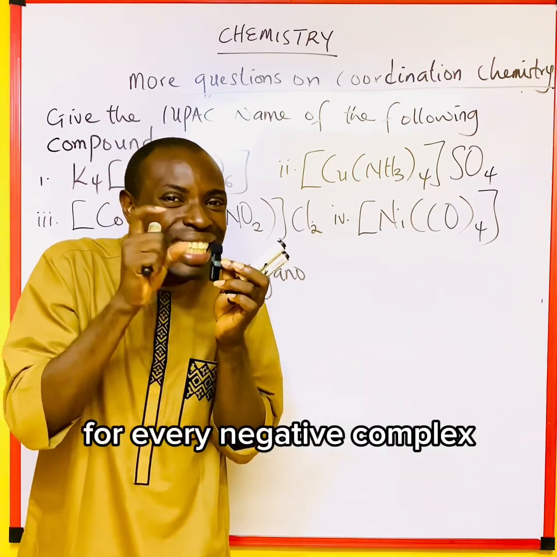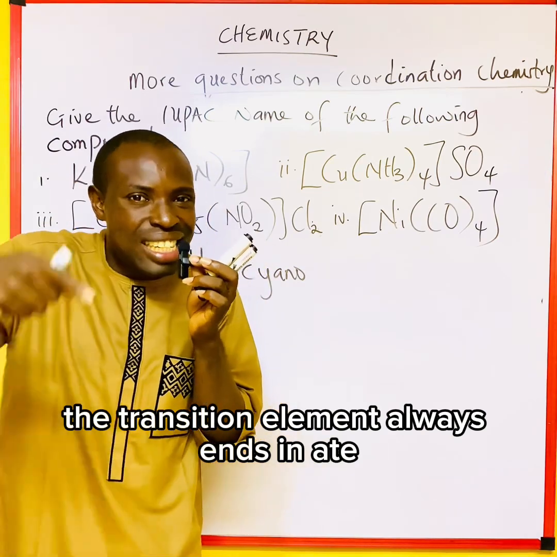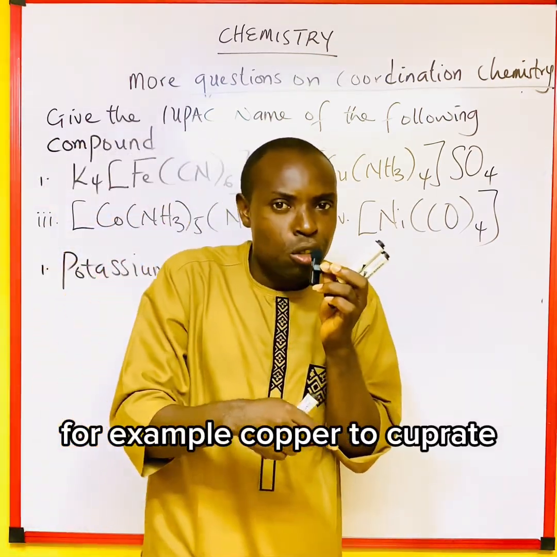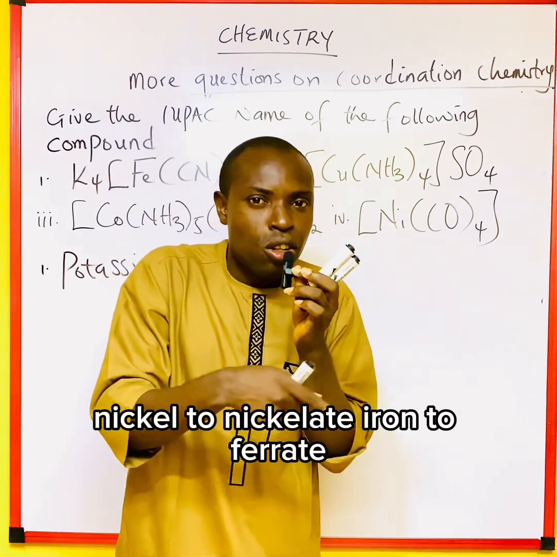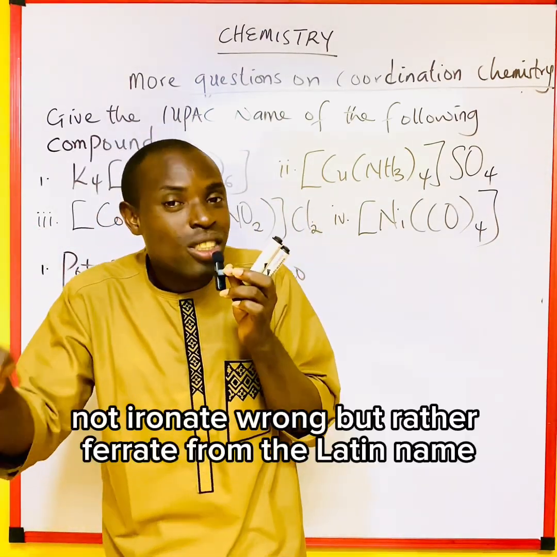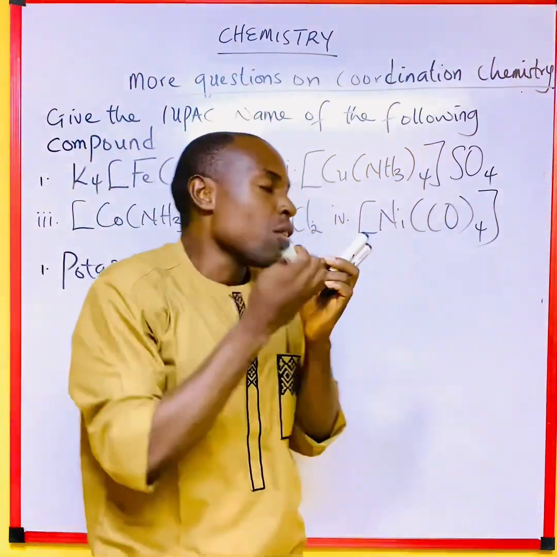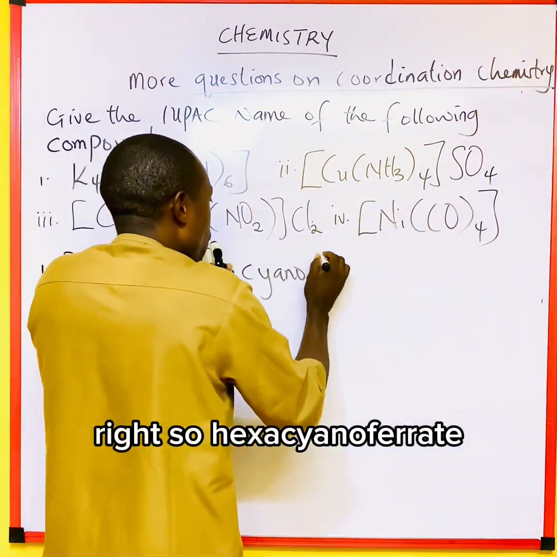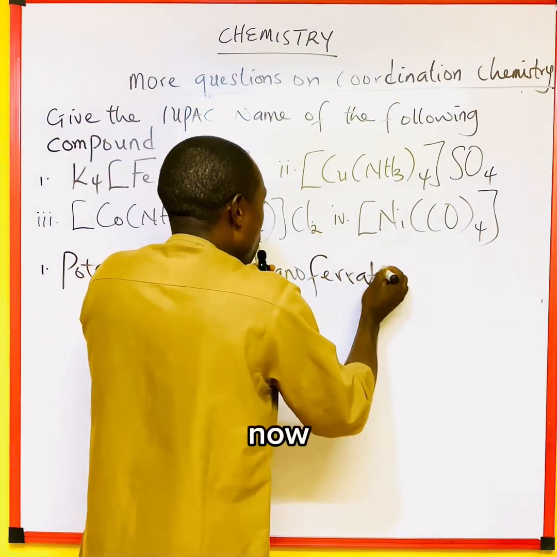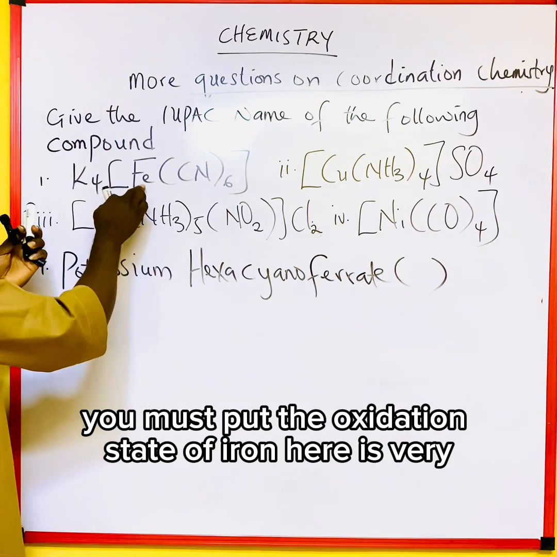Take note, for every negative complex, the transition element always ends in ATE. For example, copper to cuprate, nickel to nickelate, iron to ferrate, not ironate, wrong, but rather ferrate from the Latin name. So hexacyanoferrate.